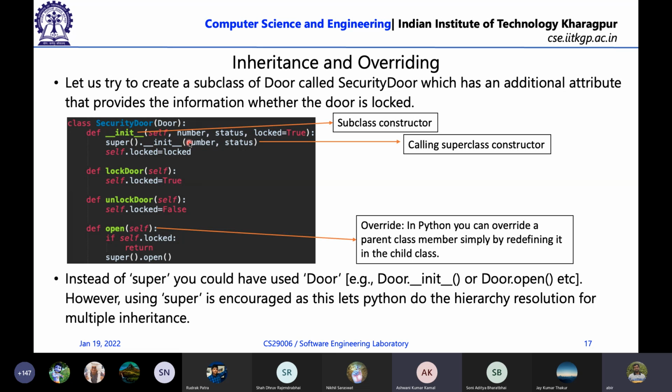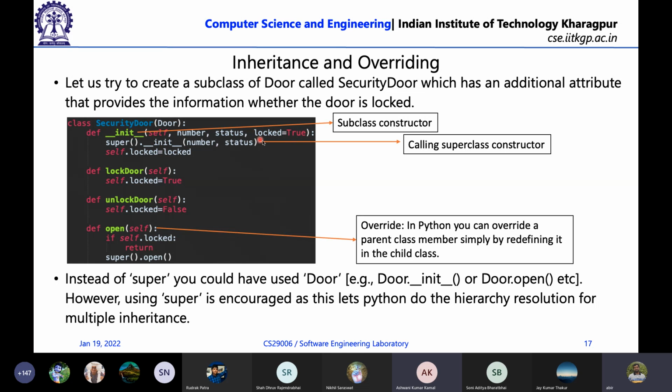Now this is the subclass constructor. It takes number, status, and an optional parameter which is locked. And this is how you specify an optional parameter: locked equal to true. So basically the parameter name, then its default value, because it's optional.